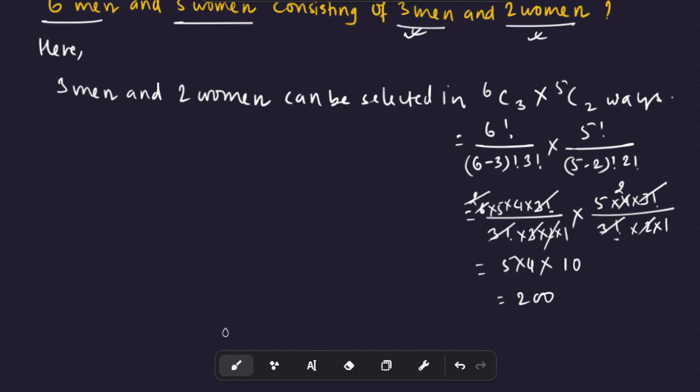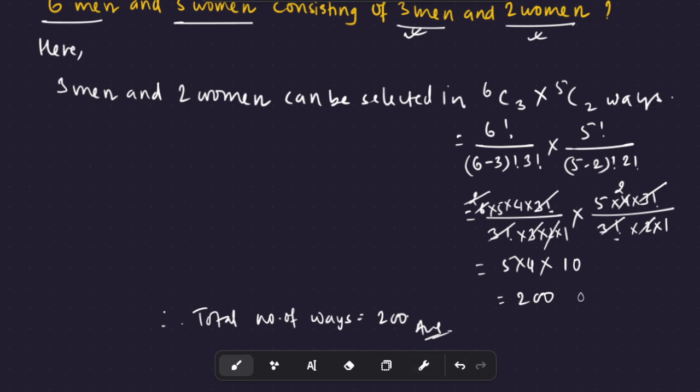So the total number of ways equals 200. This is our answer: the total number of ways that the committee can be formed is 200.